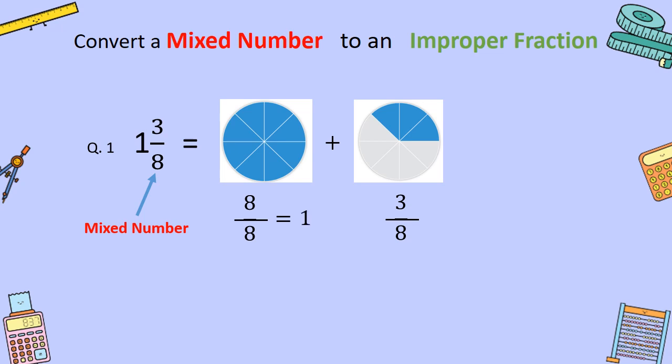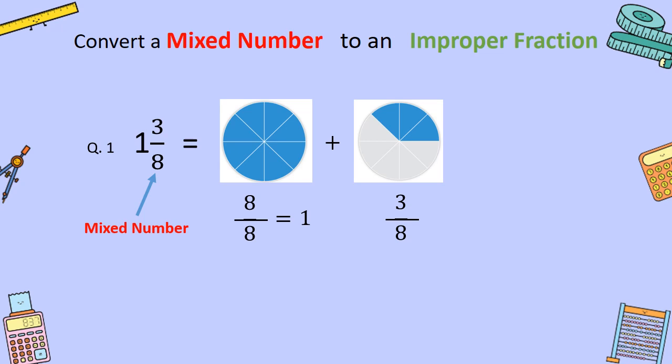Now we need to note here that 1 whole is always equal to 8 by 8 or 5 by 5 or 4 by 4 or 3 by 3 or any number upon the same number. It's because it's 1 whole.